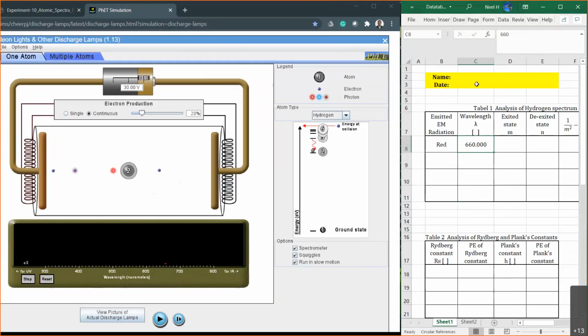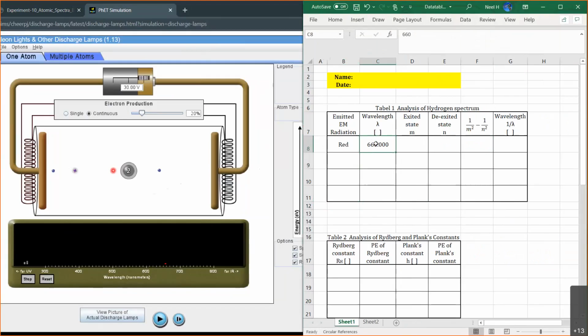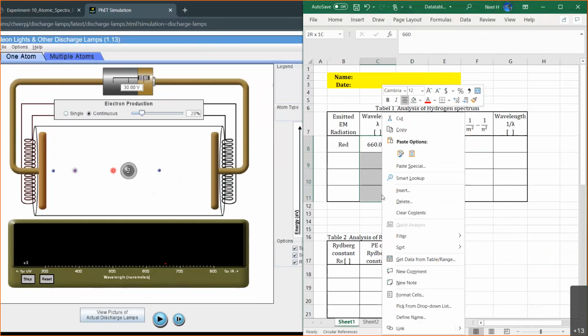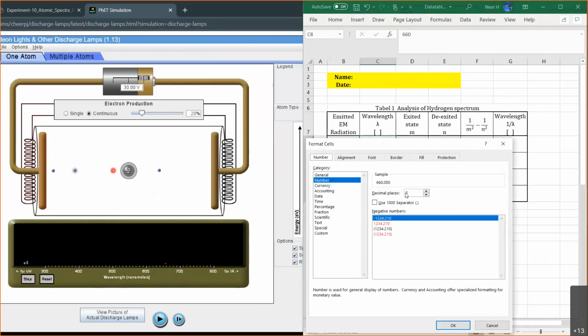Now you can see if your data table is showing you 3 decimal places, that is not good because I don't have that much accuracy. There's no decimal places I can read at all, right? So let's get rid of all the decimal places. Format cells, right click.